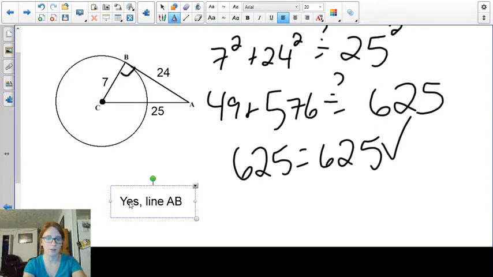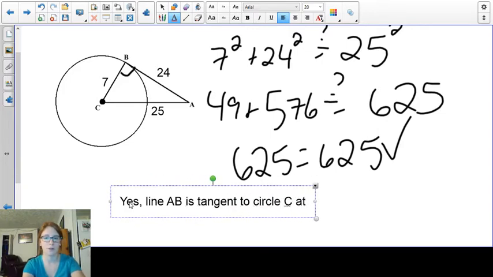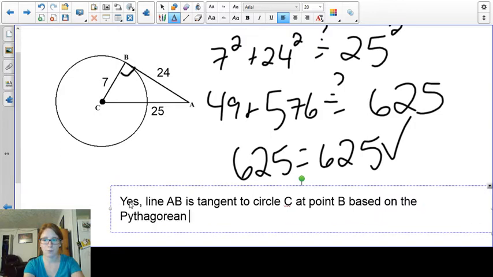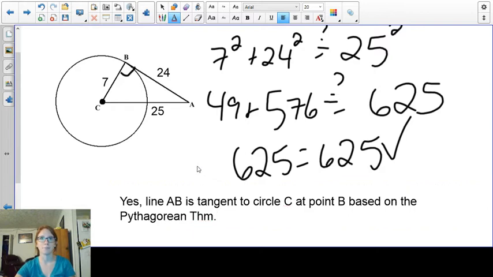Line AB is tangent to circle C at point B, based on the Pythagorean theorem.